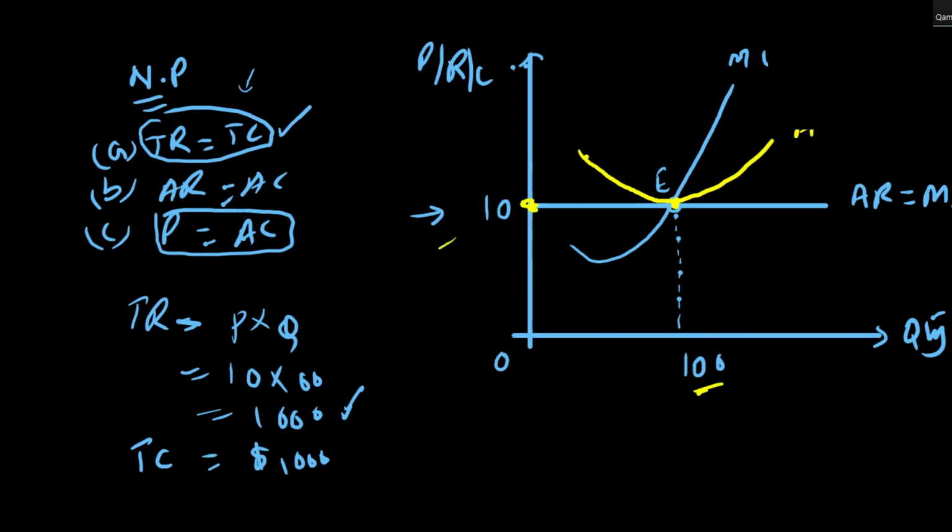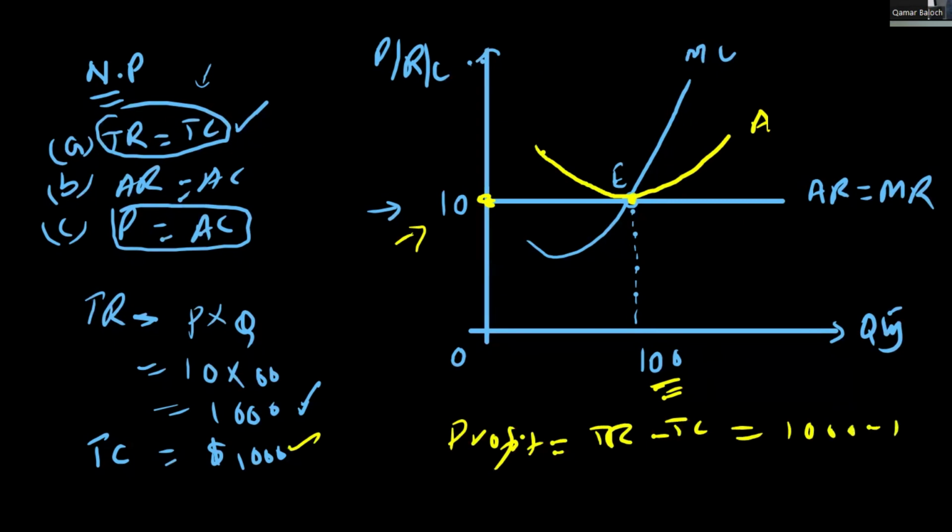Average cost is $10 and quantity is same, that is 100 units, so 10 into 100 is equal to 1000. So total cost is also 1000. Now if we calculate profit by using its formula, total revenue minus total cost, that is 1000 minus 1000 will give us zero profit, right?